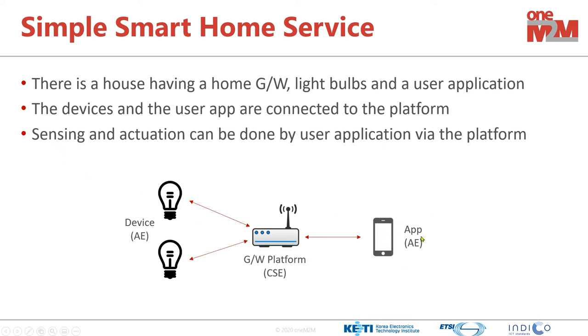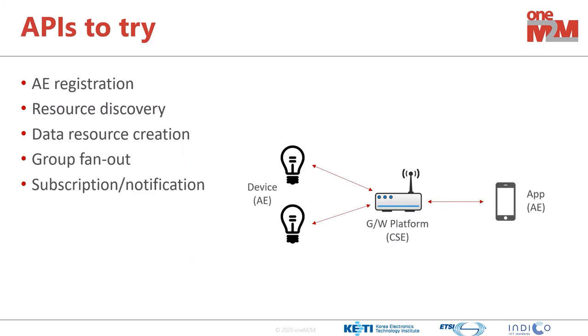The user application can get the sensor measurement from the platform, which was generated from the device, and of course it can send actuation messages to the device, like turning the lamp on and off. This is the list of the APIs that we're going to try in this session: registration and discovery, and resource creation, especially resources representing the data.